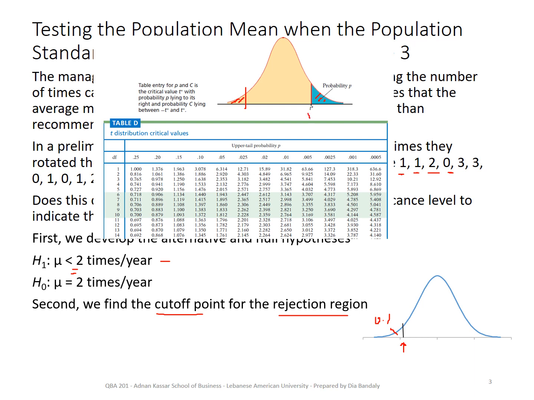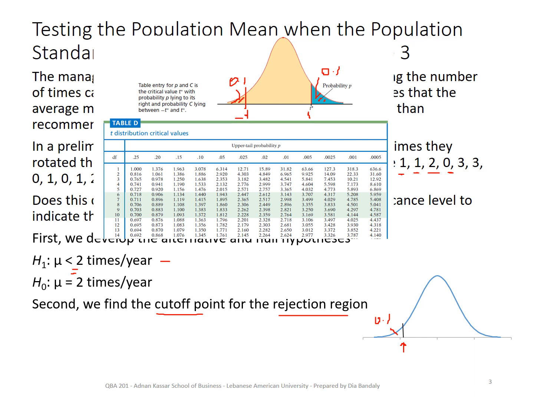So a t-value that has an area here of 0.1, I read it in the table. So this value of t will be a minus t here, such that the area here will be 0.1. So that will solve my problem.